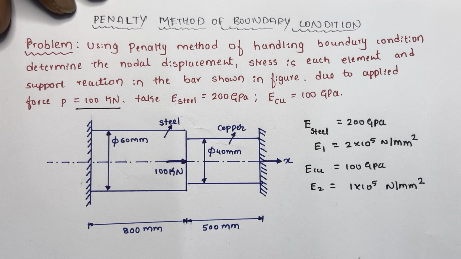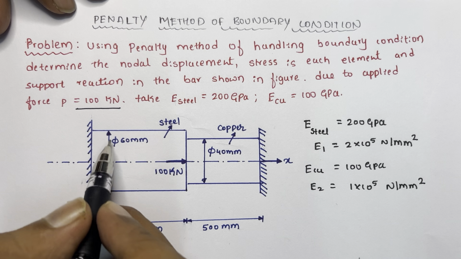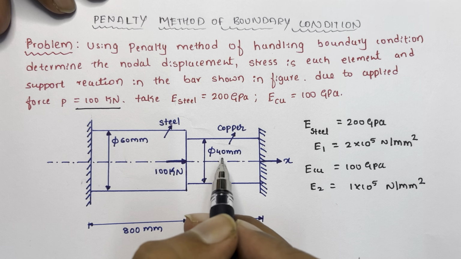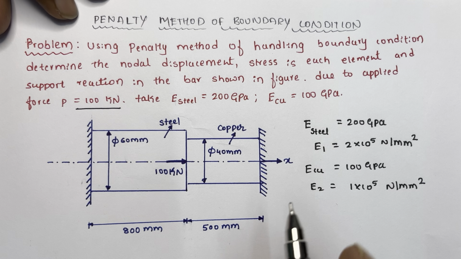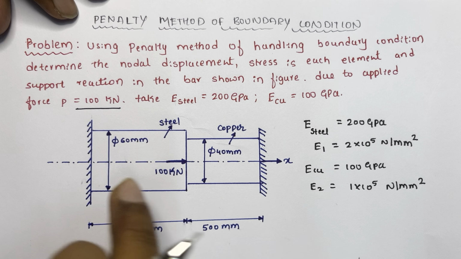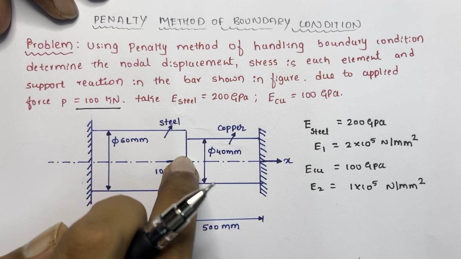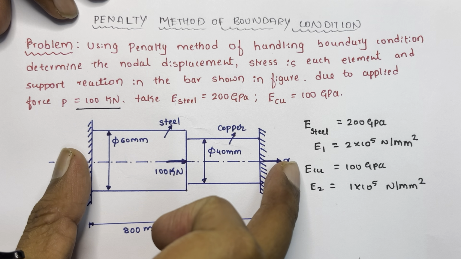Here the diameter is 60 mm for the first part, and for this part the diameter is 40 mm. For a circular section we have the area formula pi by 4 d square. Before that, these two are the fixed ends. So here it is node 1, node 2, node 3. At node 1 and node 3 the force will be 0.